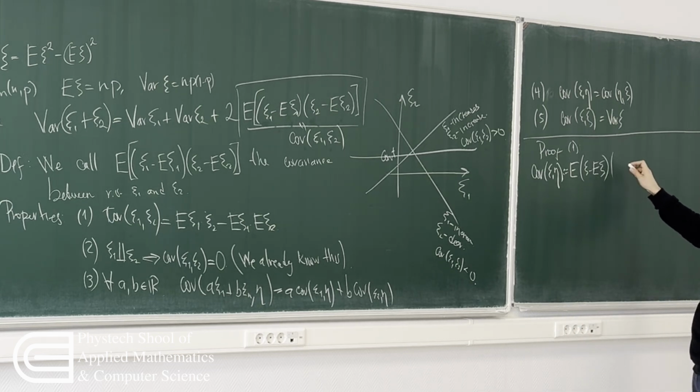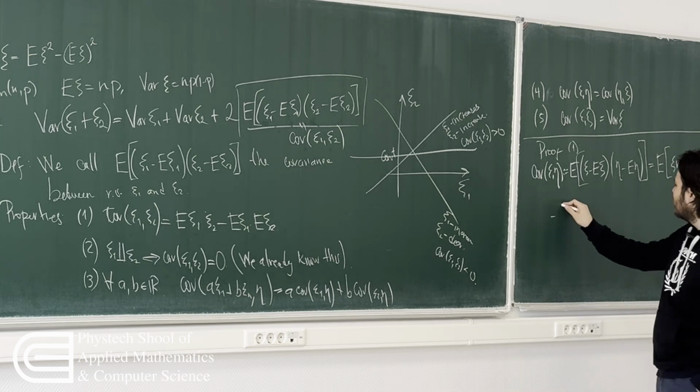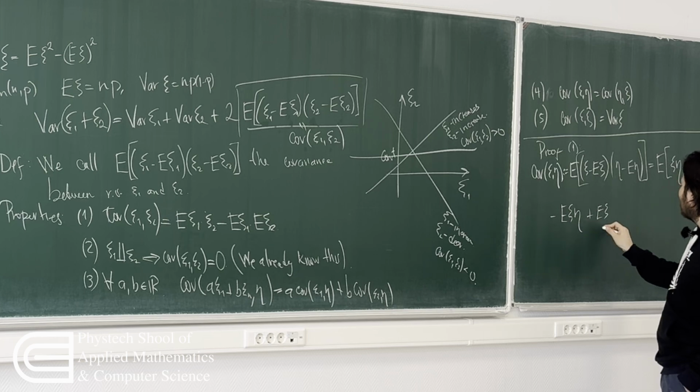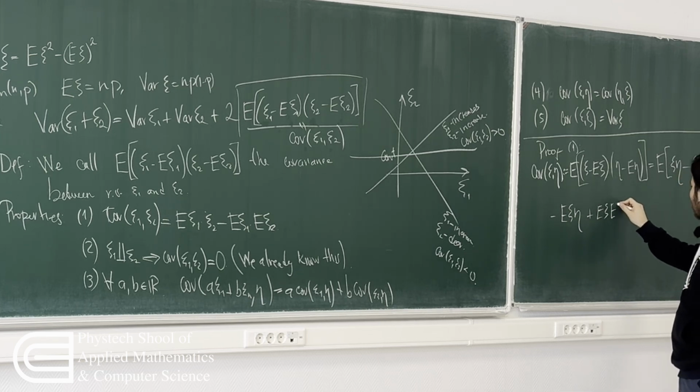So all that we have to do is multiply xi by eta. So we have expected value of xi eta, then we have xi minus the expected value of xi times the expected value of eta, then minus the expected value of xi times eta, and plus the expected value of xi multiplied by the expected value of eta.